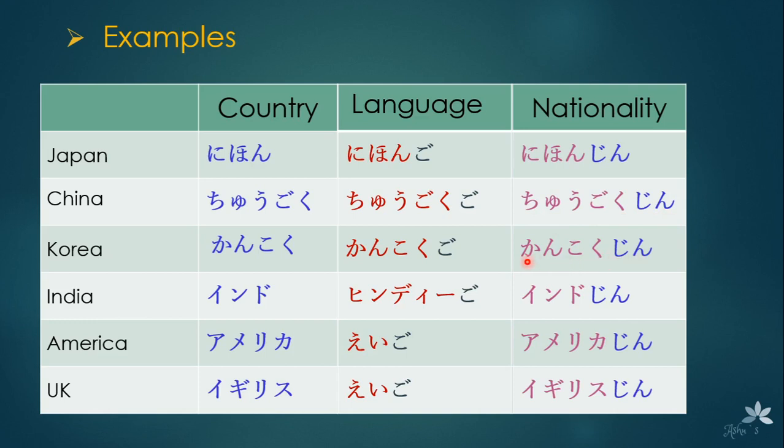Kankokujin, Korean. Indojin, Indian. Americajin, American. Igirisujin, English. Understood?